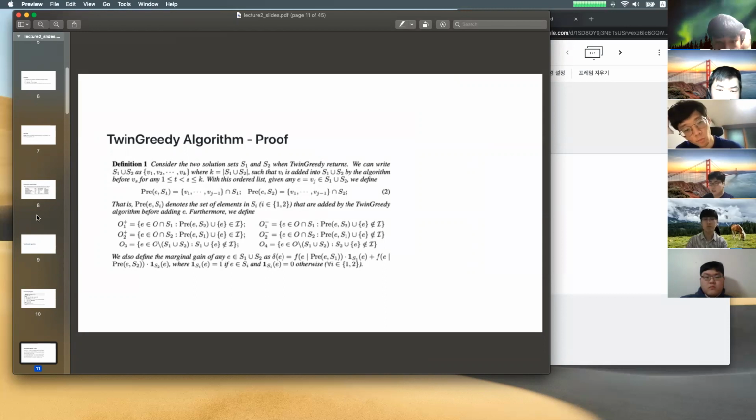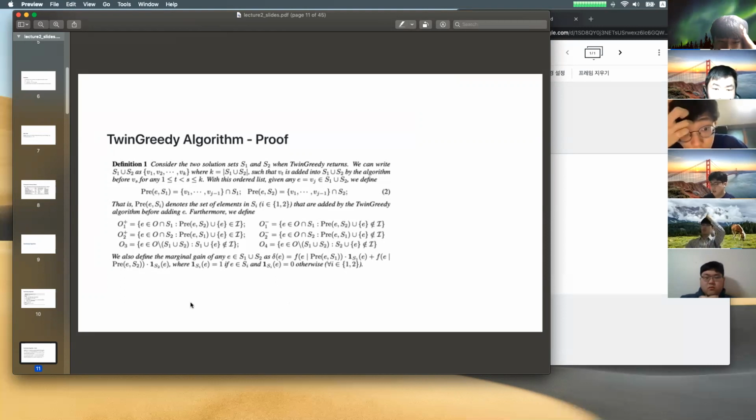Each element in O1 plus is an element that belongs to both the optimal solution and S1, and it can be added to S2, and O1 minus is defined similarly, but those elements cannot be added to S2.